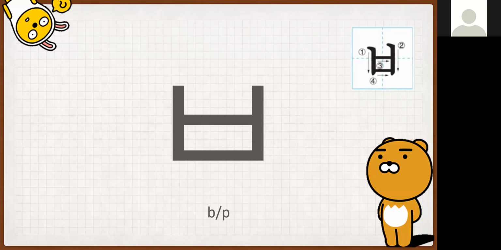This is the B sound. When you say B and P, we say it similarly, it's just that we have to de-emphasize when we say one versus the other. So this is pieup to make the B sound.